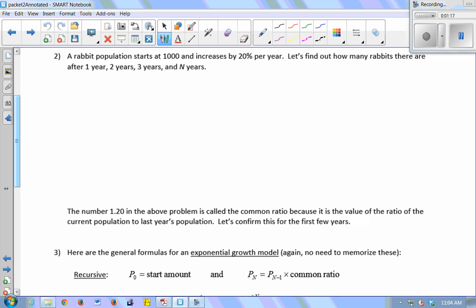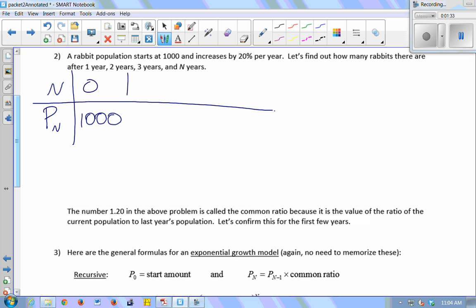We'll call this P sub n, for population in year n. In year 0, how many rabbits are there? 1,000. That's how many we start with. One year later, we have to increase this by 20%. How do you increase a number by 20%?